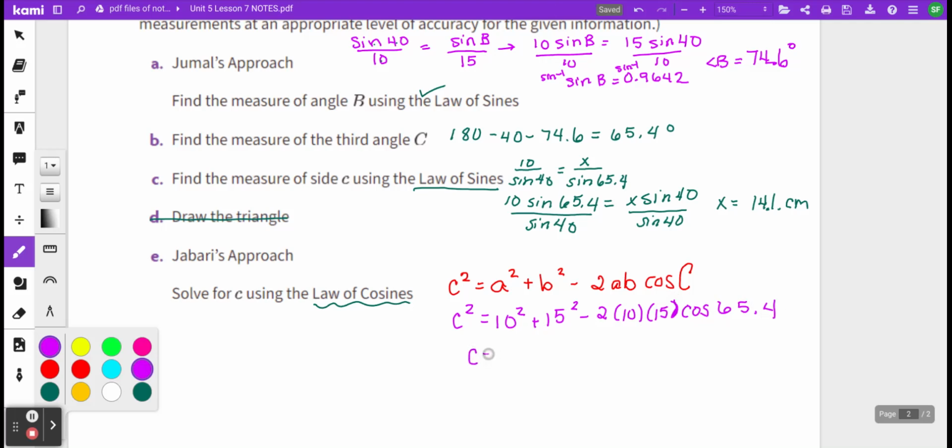So find your answer, then take the square root, and we're going to get 14.14 centimeters, which is very similar to what we got on the other one. We just rounded it a little bit. And that's how you're going to do this.